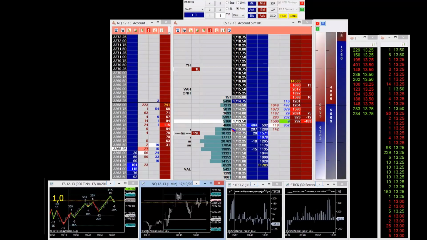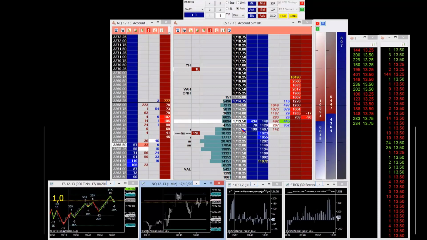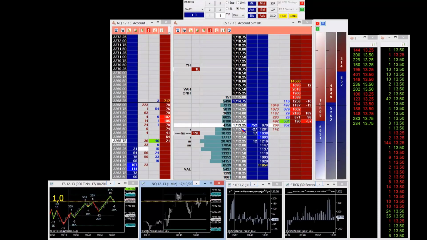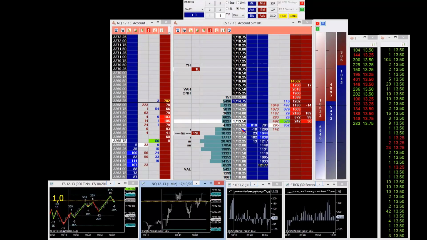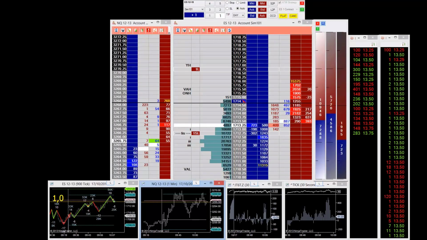Now we know that at 1711 to 1713, there are going to be people that are long and people that are short. For the people that were short from 1713, when the price moved up to 1715, how many of them are actually still in the market?